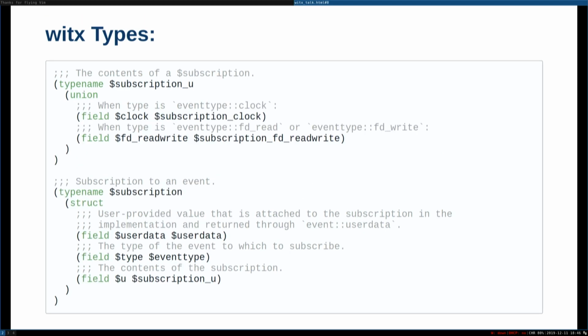A couple other types we have: enums, flags, unions, and structs. Flags are just like enums, except they're bit masks. You can have many of them. Unions and structs are also just right out of C. They are a set of fields with a type and a name. And so this is how you pass a subscription to events for multiplexing on waiting or blocking for multiple events.